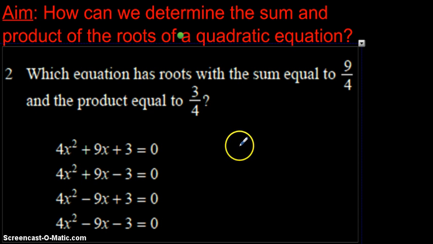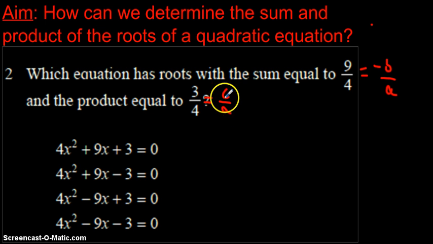So this is a question in which we're told the product and sum of the roots, and they're in fraction form. So they're pretty much telling us that since that's equal to negative b over a, and that's equal to c over a, that c should be equal to 3, so it's not going to be this example, it's not going to be this example.